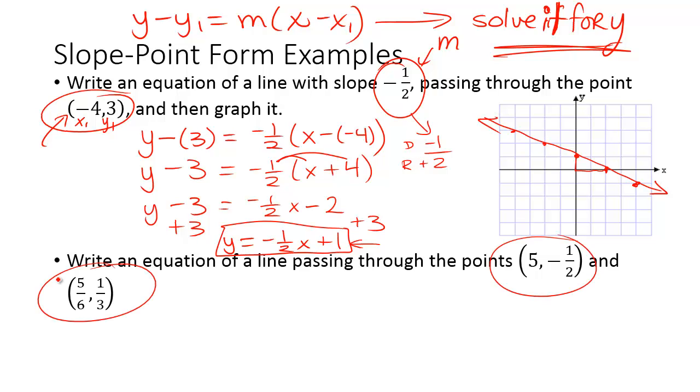Okay, let me try this out. So what did you guys get for your slope? You got negative 1/2 minus 1/3 over 5 minus 5/6. Some of you multiplied everything by 6.